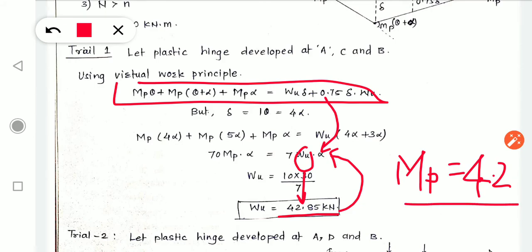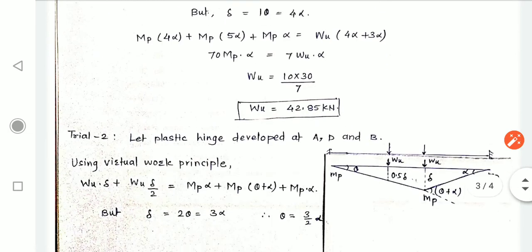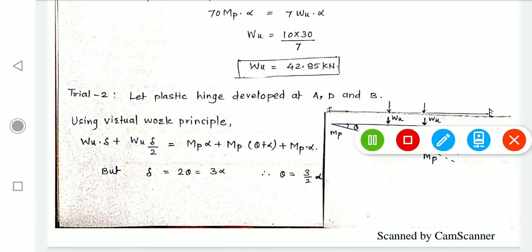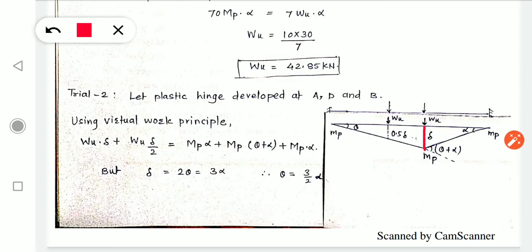So it is not equal to the 30 kilonewton meter which is given in the problem. Therefore we are taking trial number two. In trial number two, I am taking that maximum deflection will occur at D. There will be a hinge. At B there will be a hinge, and at A there will be a hinge.